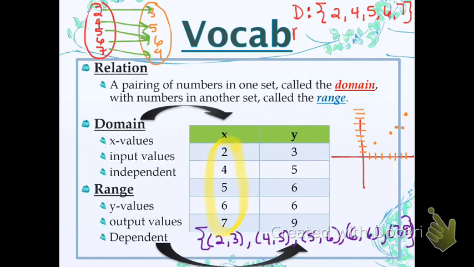And the range is just all of your y values, no matter how it would be represented. You could either get it from the graph, the table, the set notation, or the mapping diagram, just listing out all of the y's, and those are 3, 5, 6, 9. Again, notice we didn't write the 6 twice, just one time.